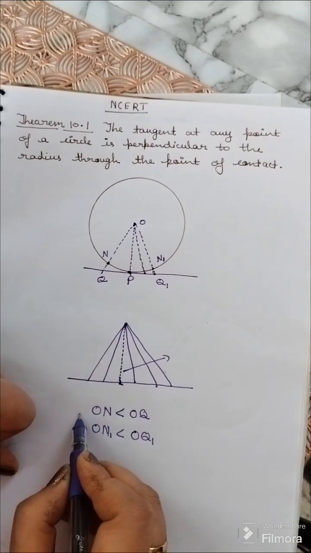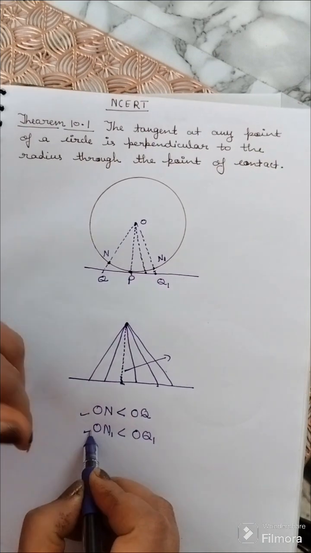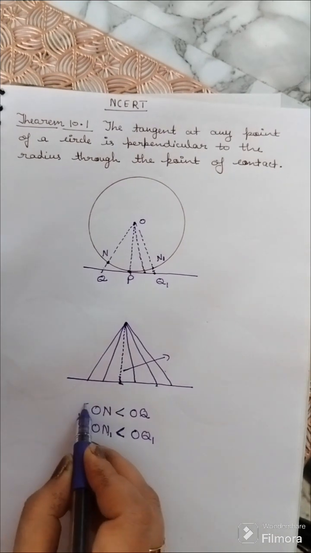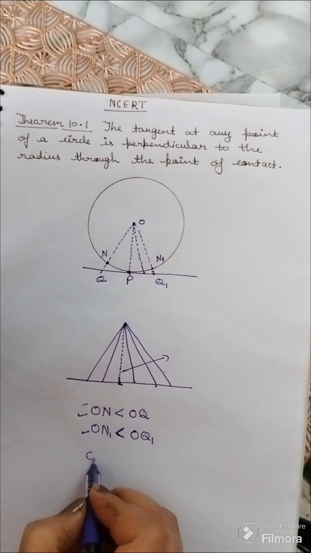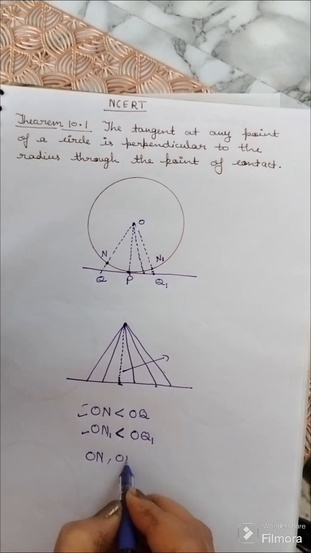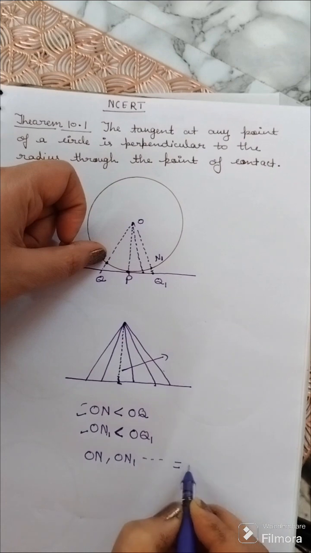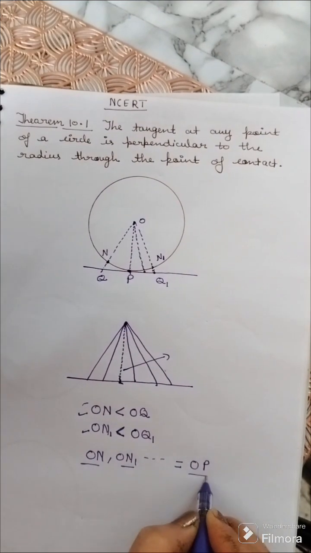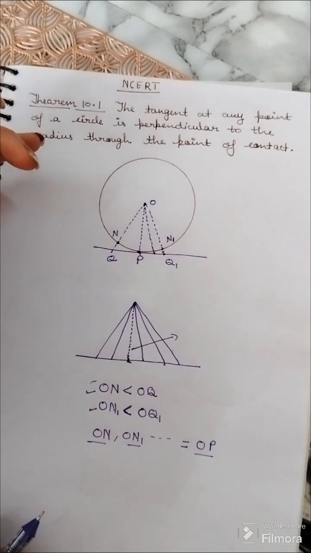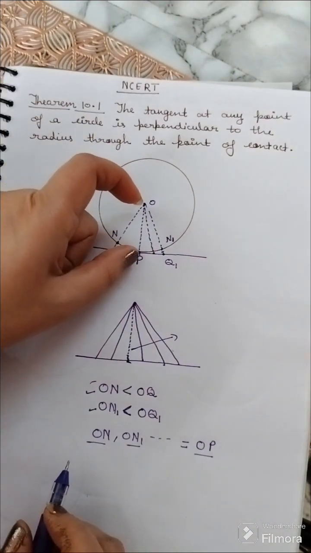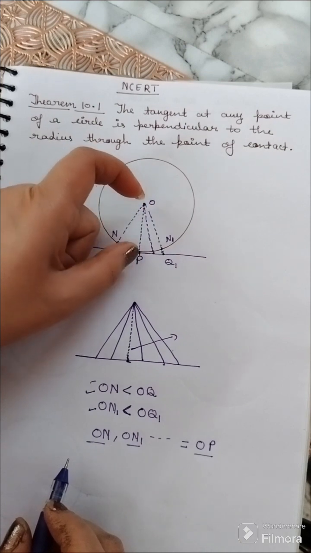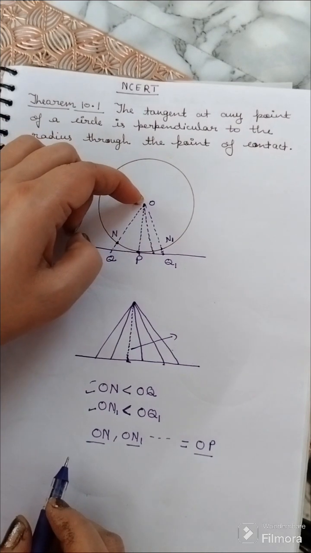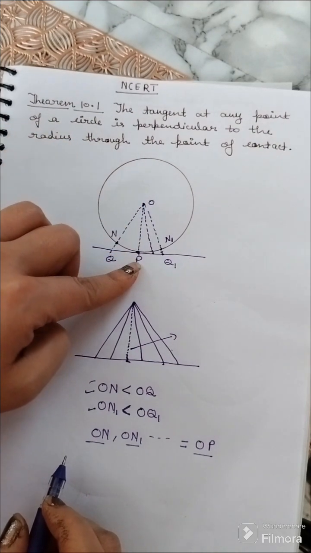Now ON1 and we can take many of them, they all are equal to ON, ON1 and so on must be equal to OP. Why? Because these all are radius of circle. So that means radius of circle is always the shortest distance between the center of the circle and the tangent.